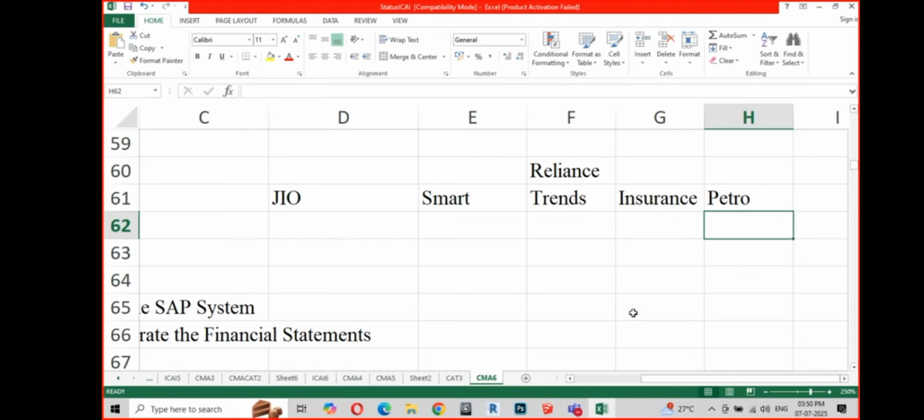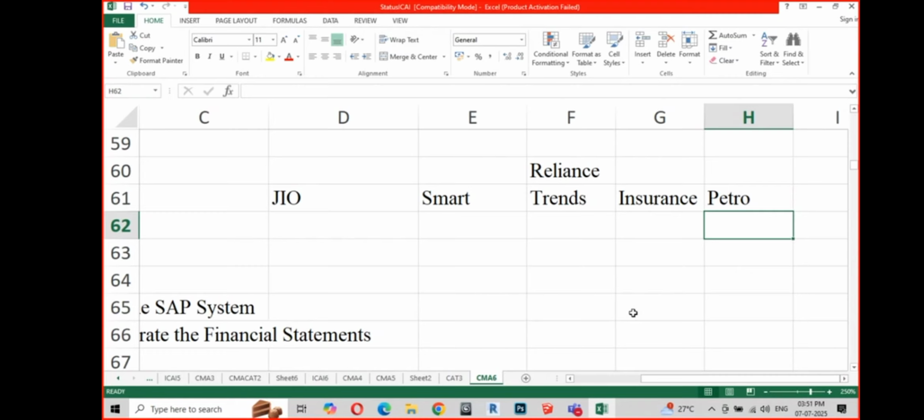Now, Jio can produce its own results, can generate its own balance sheet. Reliance Smart can produce its own balance sheet. Reliance Trends can produce its own balance sheet. Insurance business can produce its own balance sheet and other financial statements. Petro business of Reliance, or whatever may be the other consumer business, whatever you may call. So all these are able to generate their own business statements, financial statements. You agree with me? Jio has its own balance sheet. Smart has its own balance sheet. Perfect.